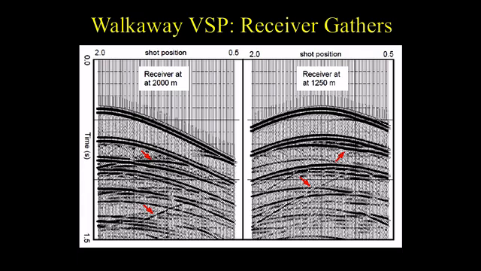Note also that when Walkaway VSP data are organized in receiver gathers, it is quite difficult to differentiate between downgoing and upgoing events. The red arrows here indicate some of the reflections caused by lateral heterogeneities.